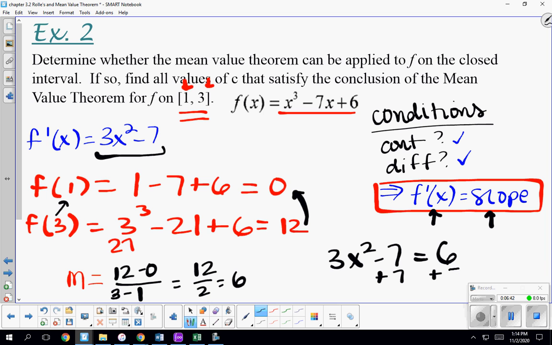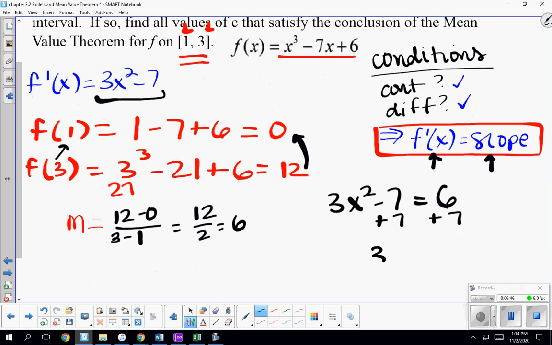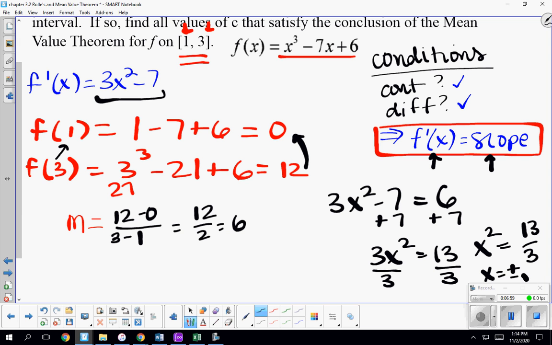If I simplify, I get 3x squared equals 13. If I divide by 3, I see that x squared equals 13 over 3, or x equals plus or minus radical 13 over 3.